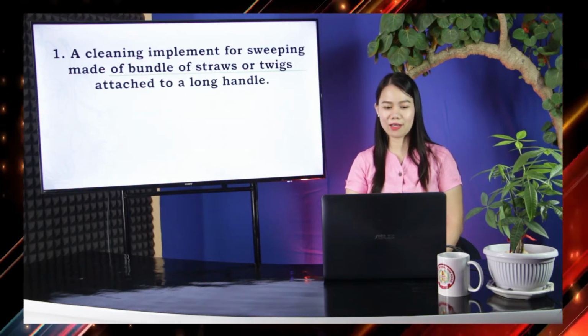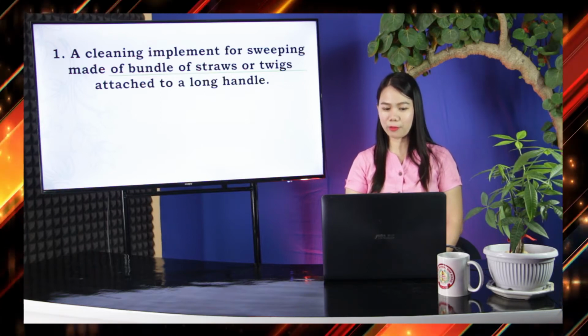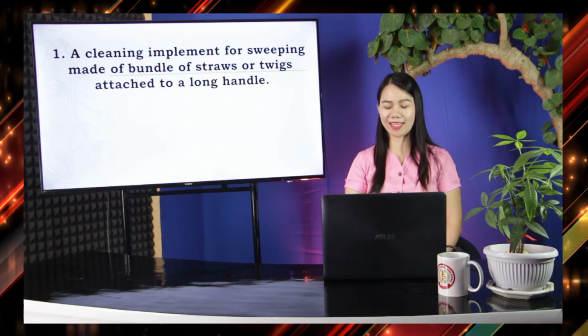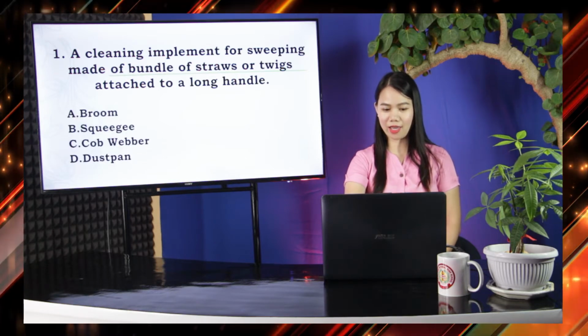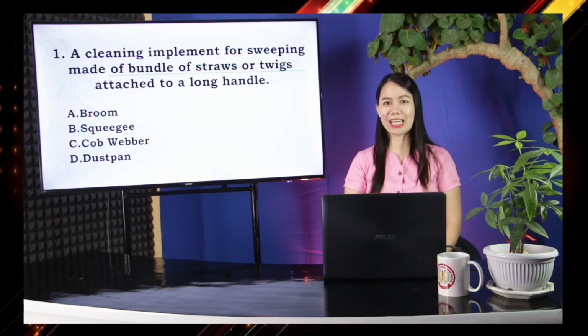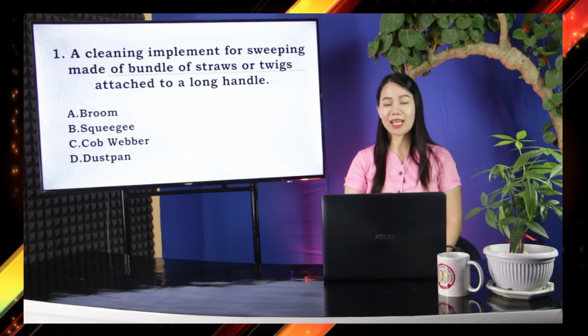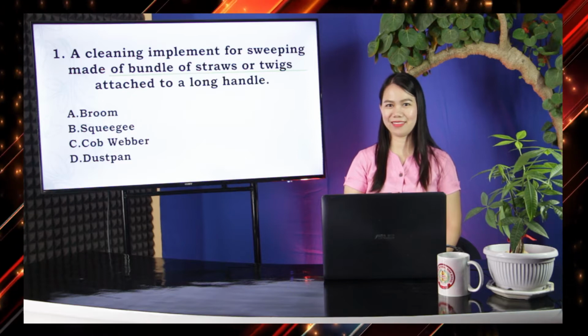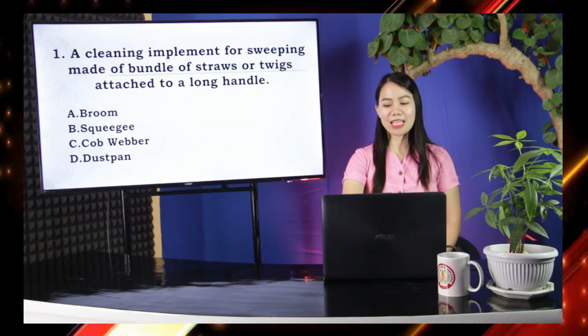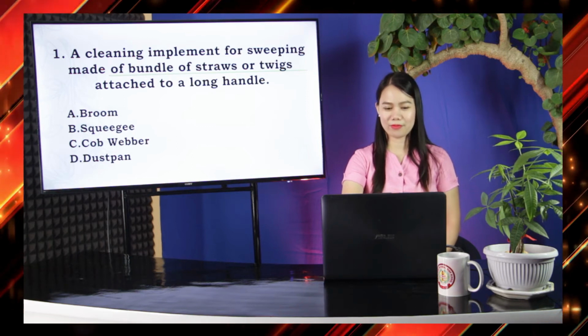Number 1. A cleaning implement for sweeping made of bundle of straws or twigs attached to a long handle. A. Broom. B. Squeegee. C. Cobwebber. D. Dustpan. The correct answer is letter A. Broom.